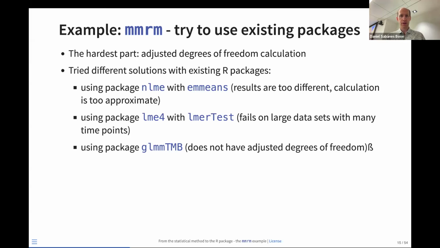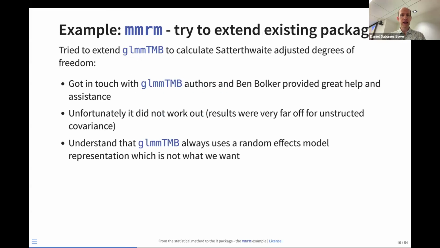So that didn't work. Next, you can try to extend existing packages, and that's also, of course, great to try first, because we don't want to increase the number of packages on CRAN infinitely, but we want meaningful package convergence that tries to include the features we need. So we actually got in touch with the glmmTMB authors, in particular Ben Bolker, who provided great help and assistance.